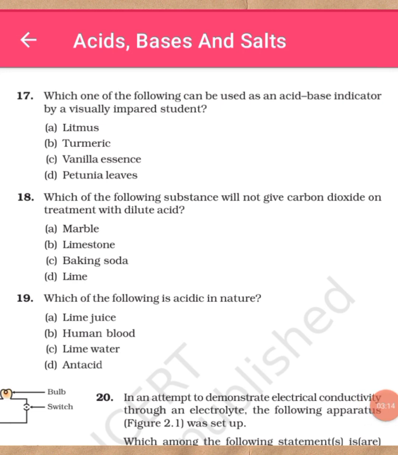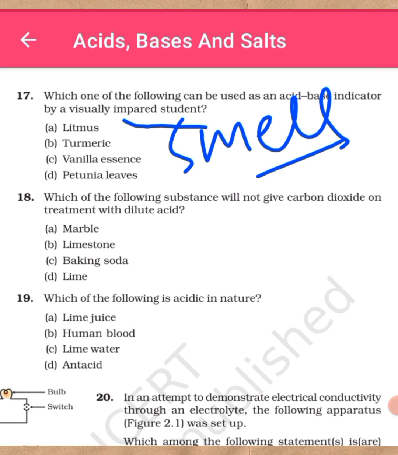Question number 17. Which one of the following can be used as an acid base indicator by visually impaired students? Visually impaired students cannot identify acid base indicators by seeing, but they can identify by smell. So vanilla essence can be used by visually impaired students, but not the litmus present in the form of paper strips.